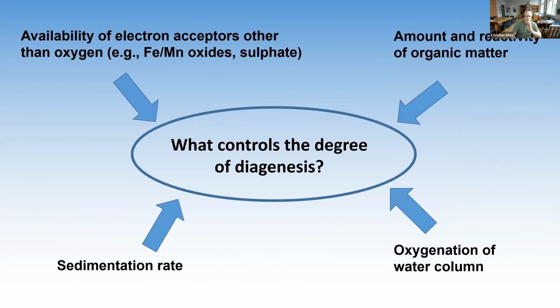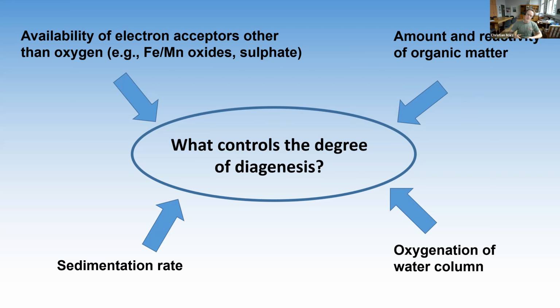So now, as a very general question, what controls the degree of diagenetic overprint, early diagenetic overprint? And there are a few main players here. I'm just going to go through them a little bit.